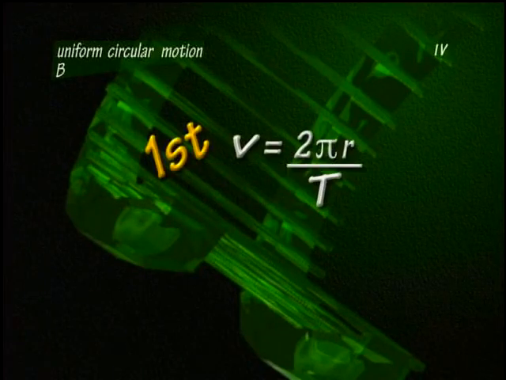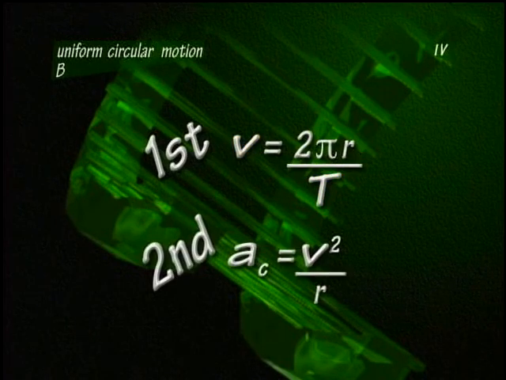So, first we know we have to use the equation v equals 2 pi r over T because we have to find T, the period. But we don't have the velocity yet. So, we can use our equation a sub c equals v squared over r to find velocity, because we have the centripetal acceleration and the radius of the track.